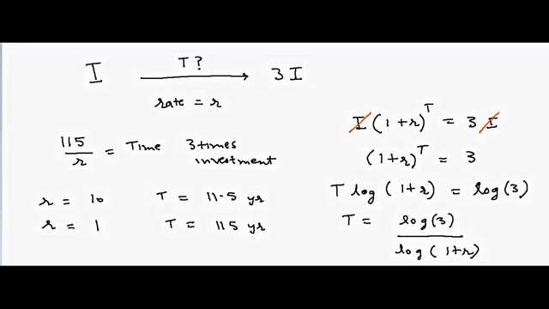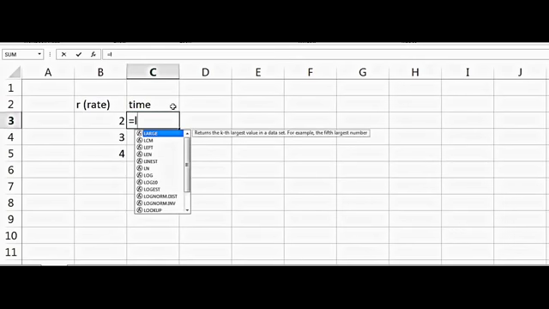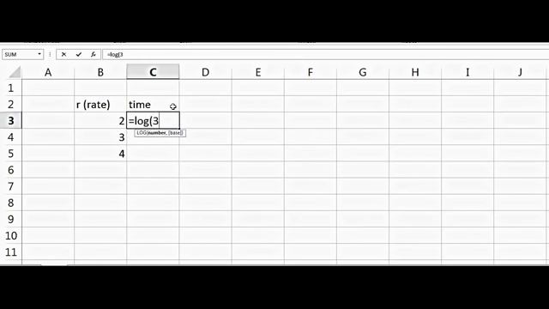So if I go to Excel, I can say, suppose r is my rate, and we have the rate varying from 2, 3, 4, and our time will be equal to log of 3 divided by log of 1 plus rate, right?